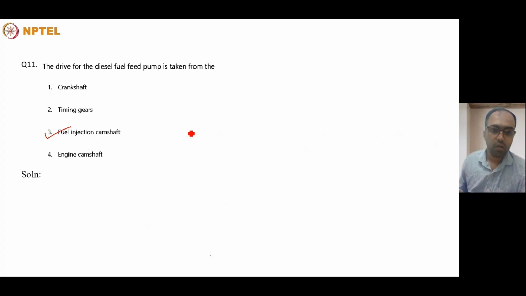So in the case of a fuel injection system, there is the camshaft with the cam.